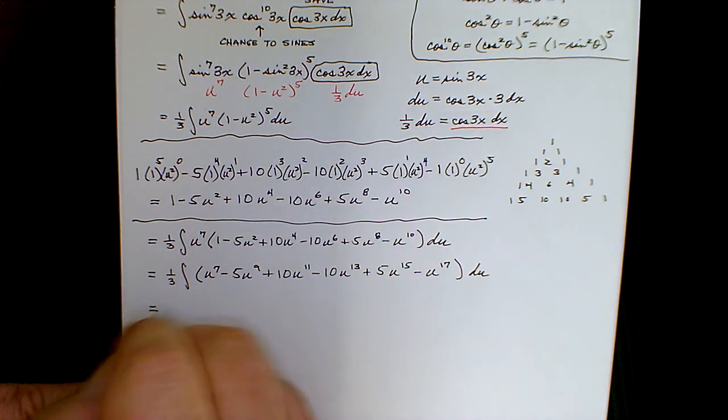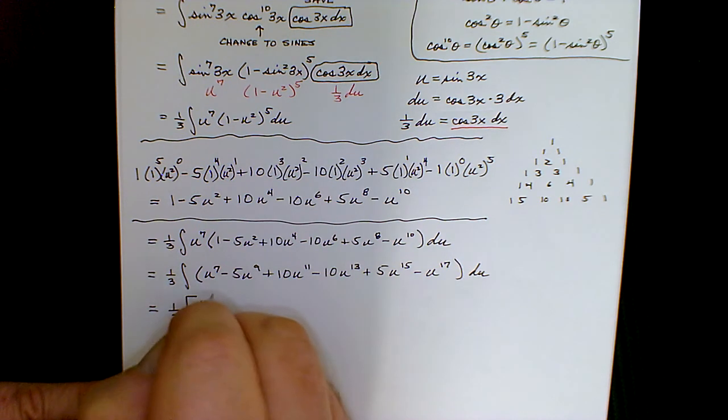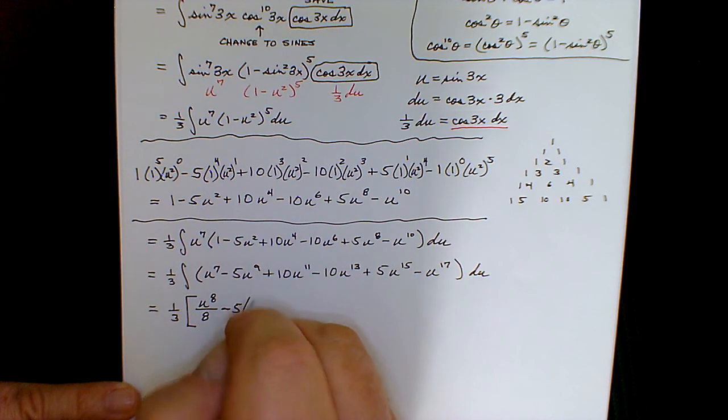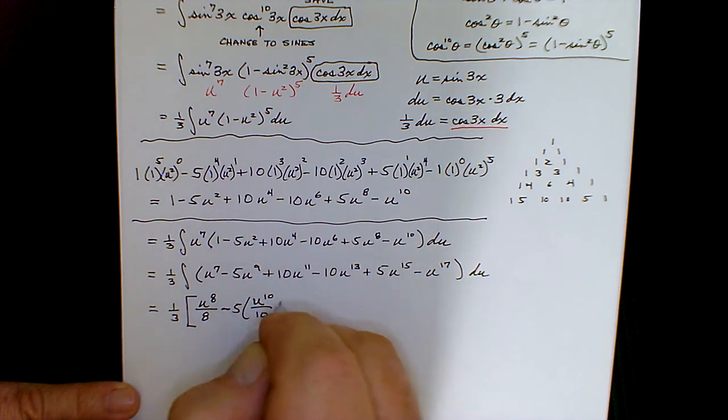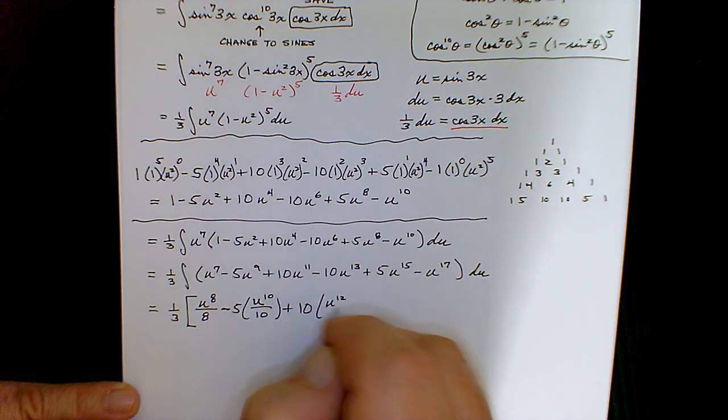So break down the 1/3, open up a big set of brackets, integrating term by term, u to the 8th over 8. Minus 5 tags along, u to the 9th integrates to be u to the 10th over 10, plus 10 tags along, u to the 11th, u to the 12th over 12.